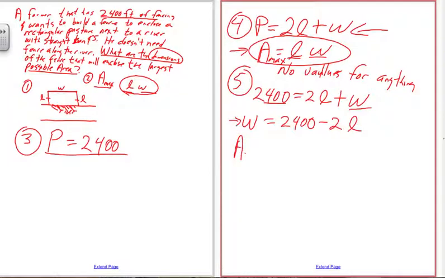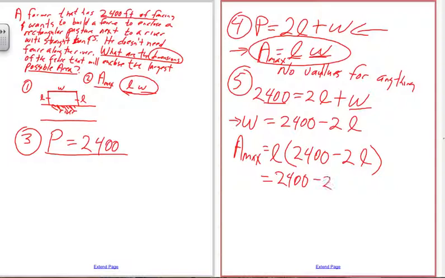So area max is going to equal L times, and now I'm going to plug in for W, 2400 minus 2L, which is 2400L minus 2L squared. And there's our quadratic right there. Okay? And that's what we're after.